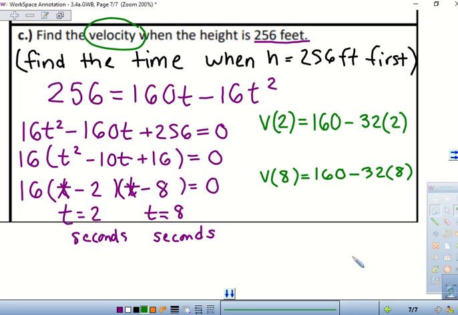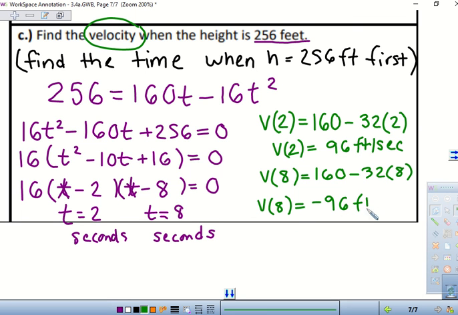I think it's 96. So the speed at 2 seconds is 96 feet per second. Well, the velocity, rather. And the velocity at 8 seconds is negative 96 feet per second.